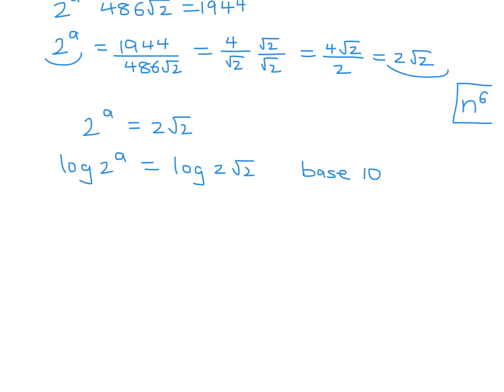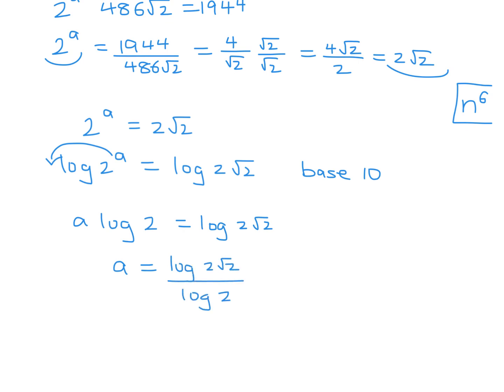Okay, using log rules, this a comes out front. So we get a log of 2 is equal to the log of 2 root 2. And then we can isolate for a: log of 2 root 2 over the log of 2. Like that. And then there's a rule. I'll write this rule out.